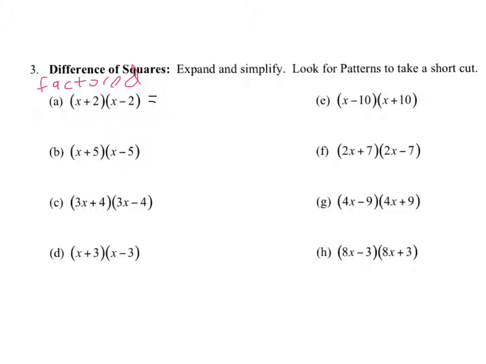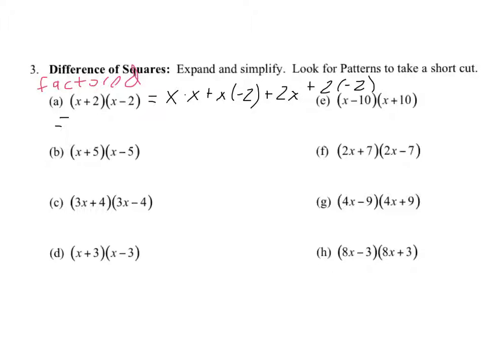So we'll have x times x plus x times negative 2 plus 2 times x plus 2 times negative 2. Again, my apologies for the spacing on this.